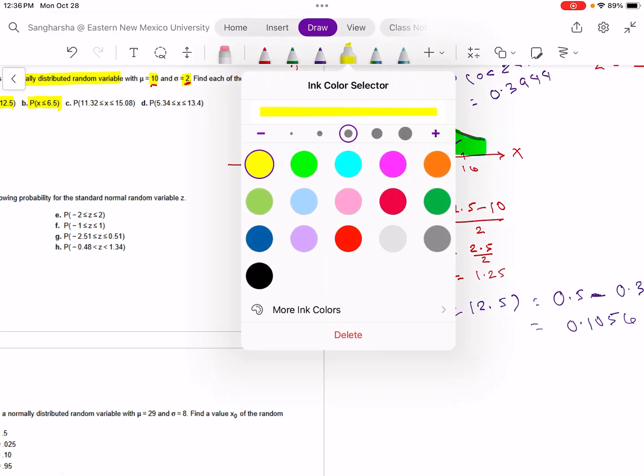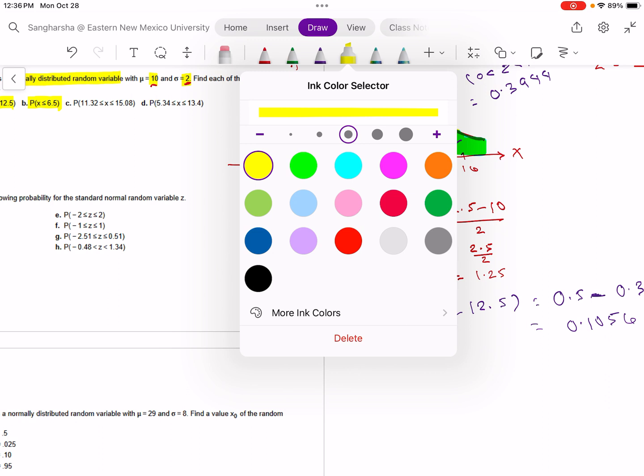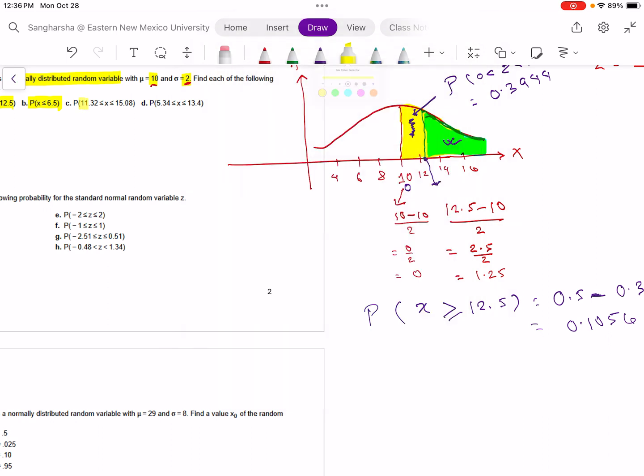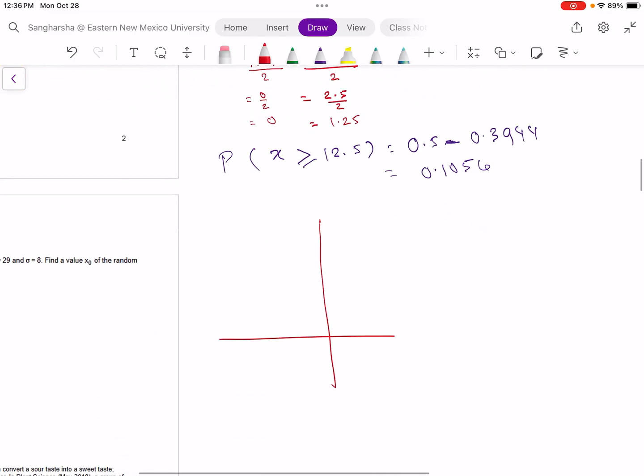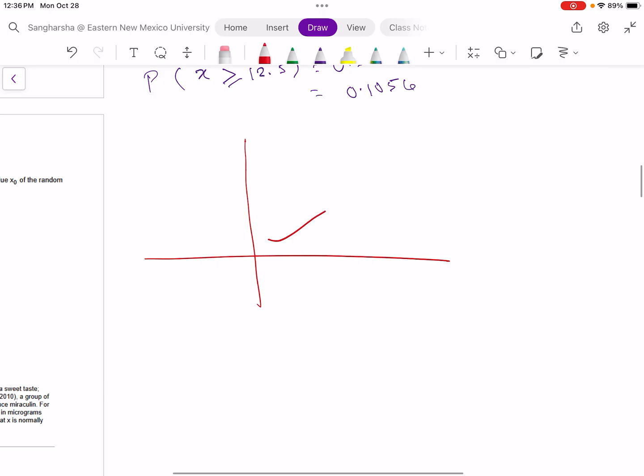So in number C, we are asked to find the probability that X is greater than or equal to 11.32 and less than or equal to 15.08. Okay, now let me start from the graph here. So we have this bell-shaped curve. Our mu is 10.